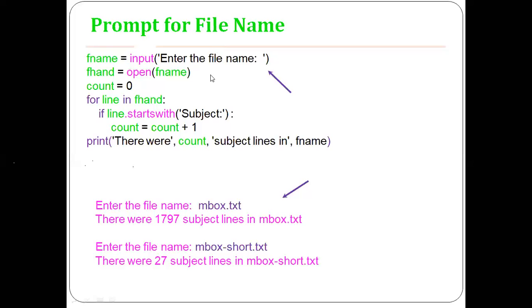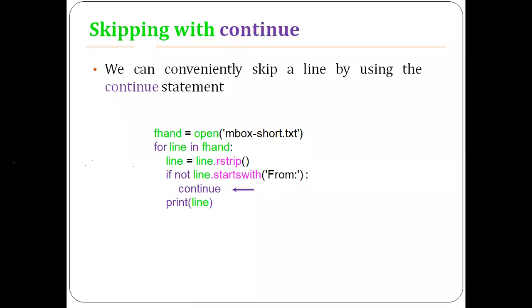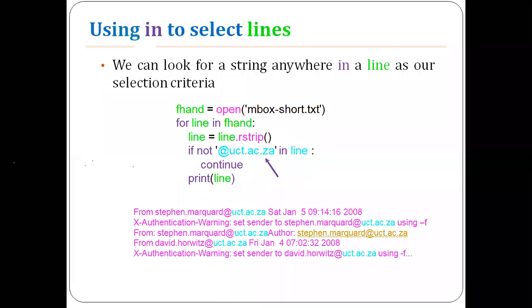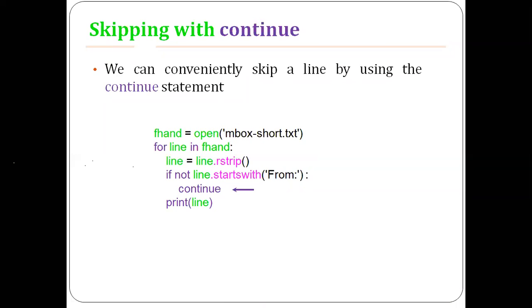And also you can ask the user to enter a file name. This is very important because in the last examples we have hard coded the name of the file. Once you have hard coded it, you can run only with that file.